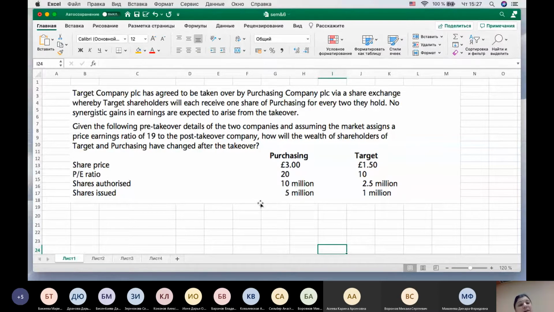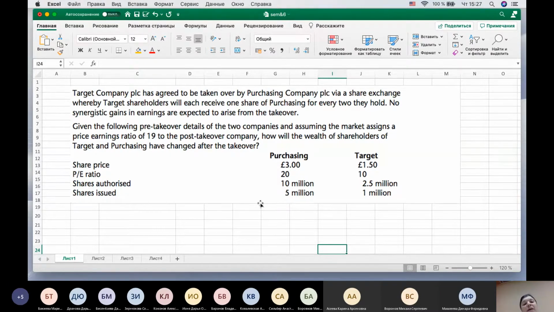Target company, PLC, has agreed to be taken over by purchasing company, PLC, via a share exchange whereby target shareholders will each receive 1 share of purchasing for every 2 they hold. No synergetic gains in earnings are expected to arise from the takeover.